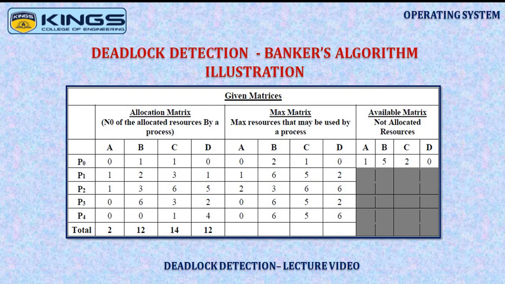Moving on to resource B, initially there were 17, but currently 12 are allotted. Similarly, for C resource, initially 16 were available, so 14 are now allotted. And finally D resource, it was 12 in number, and all 12 are allotted to processes. So this is the allocation matrix, and each of the processes has been allotted some number of A, B, C, D resources. Now we'll move on to what a max matrix is.